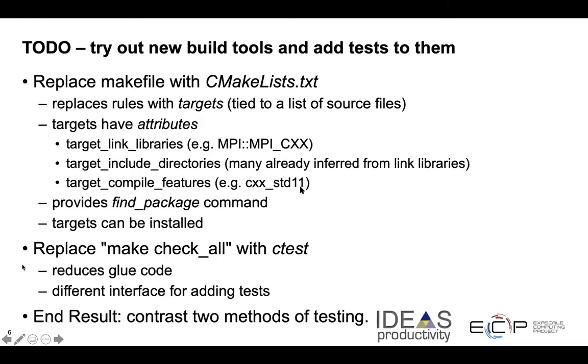So CXX standard 11 is a compile feature that you would look up inside of the CMake documentation. This CXX standard 11 then translates into different flags depending on which compiler it's using, which frees you from having to support multiple different compilers.